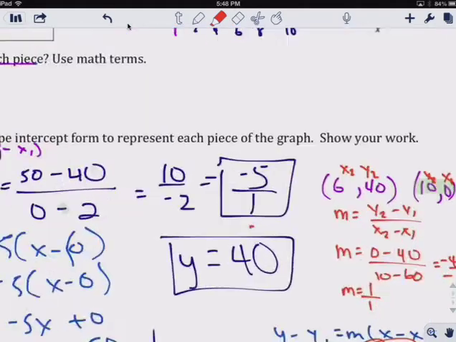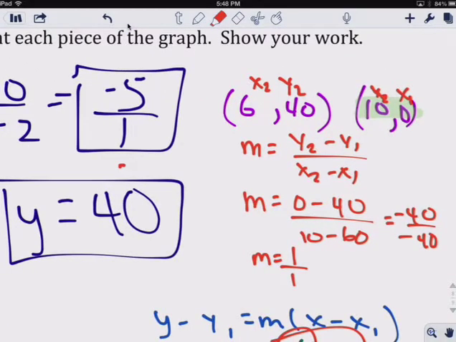See how you always check back? Oh my goodness, I cannot believe it. 0 minus 40 over 10 minus 6.